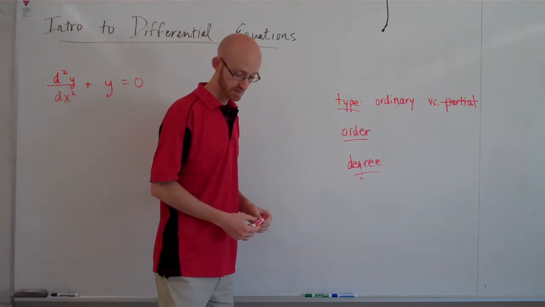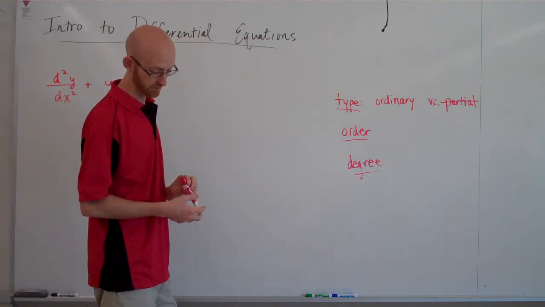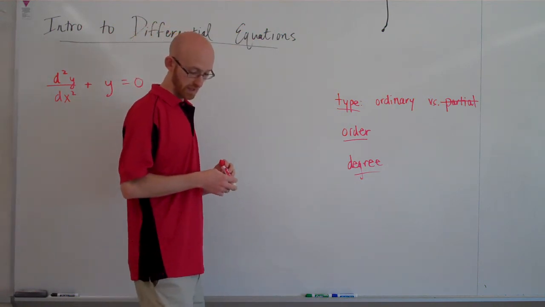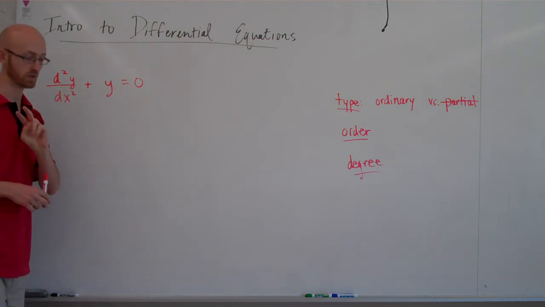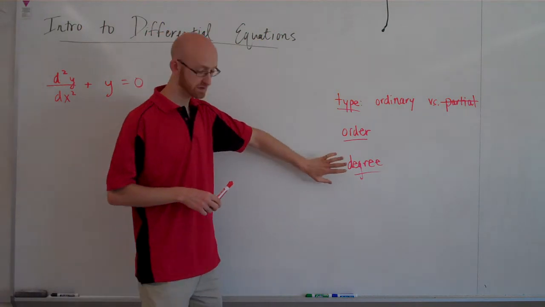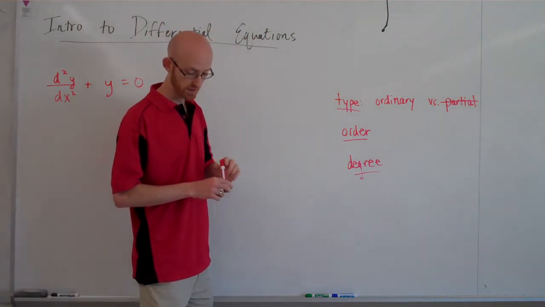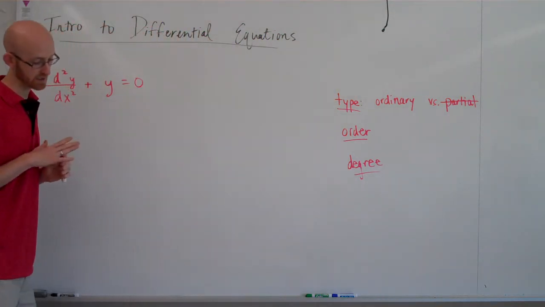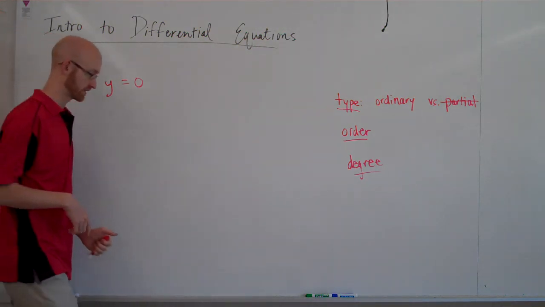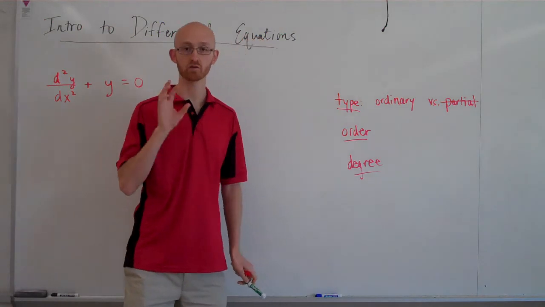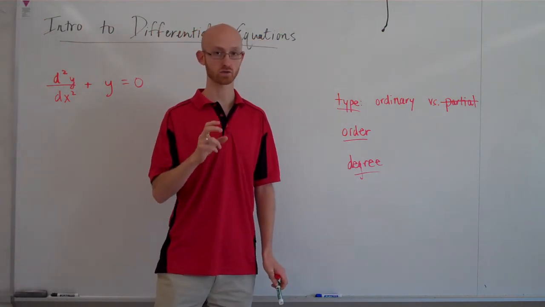The second thing is the order of a differential equation. And the order is the highest order derivative in the equation. So in this case, this is order 2 because the highest order derivative we have is 2. And then the degree is the exponent of the highest power of the highest order derivative. I'm going to say that again: the exponent of the highest power of the highest order derivative.